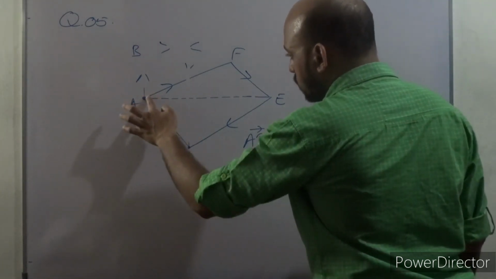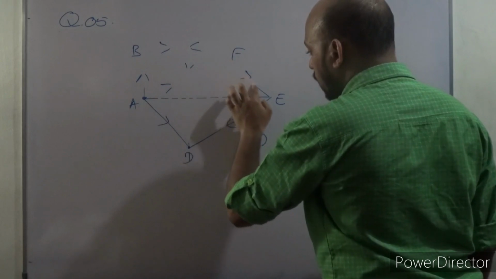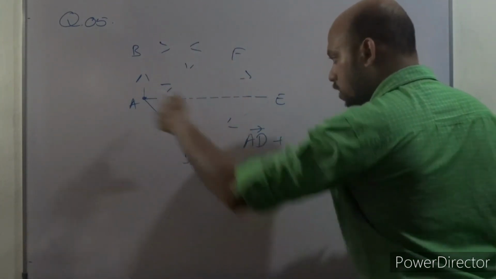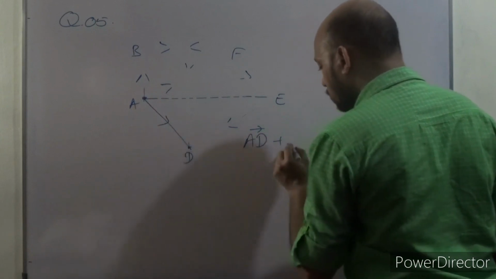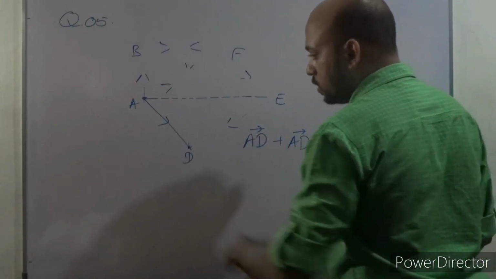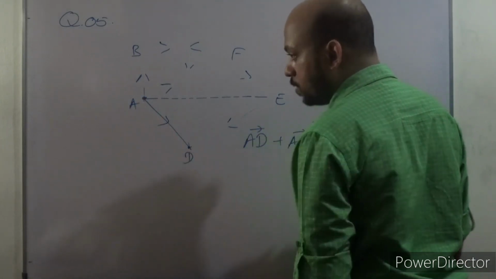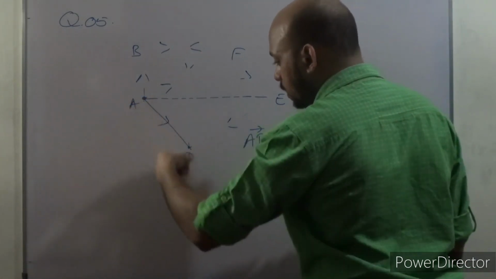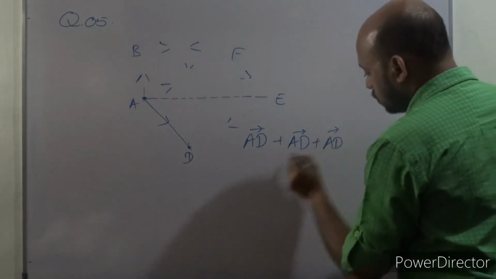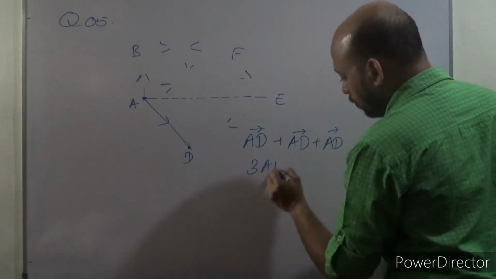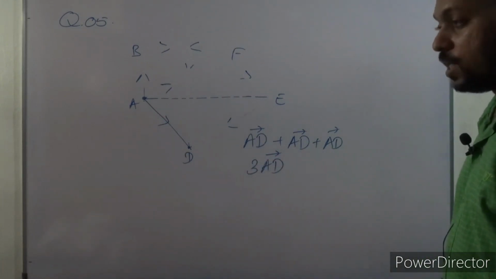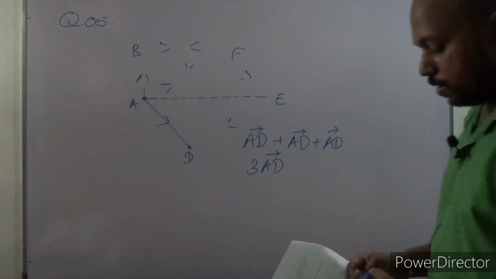The resultant of the AFED path is again initial to final, AD. There is also a single vector toward AD, so it is also added. So the sum of this vector diagram is 3AD. So the answer is 4.